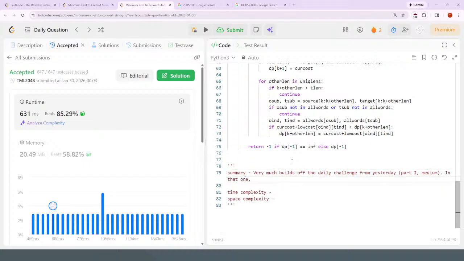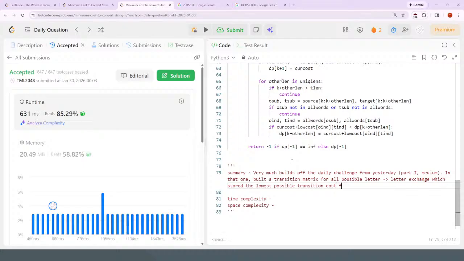In that one, built a transition matrix for all possible letter to letter exchange. Built a transition matrix for all possible, which stored the lowest possible transition cost for that exchange.